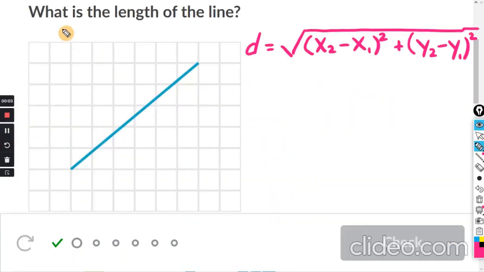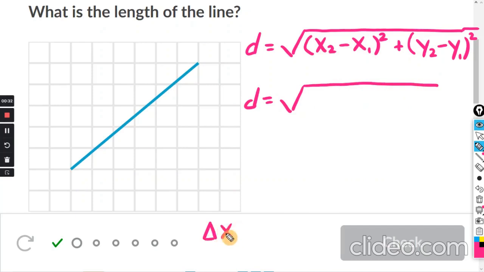Okay, in this problem here, they want us to find the length of the line right here, and we have our distance formula. Now, there's another way to look at the distance formula, okay? The little d represents distance, and we have our square root. Now, when you subtract the x's, you can call that the change in x, okay?